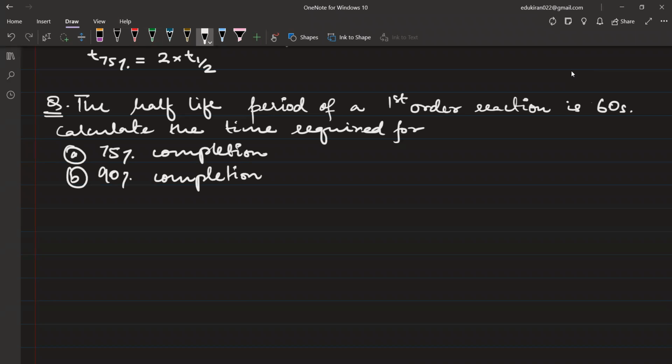देखिए, so for the A part, there are two ways of doing this.